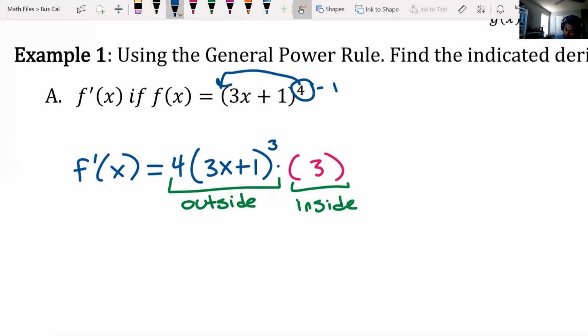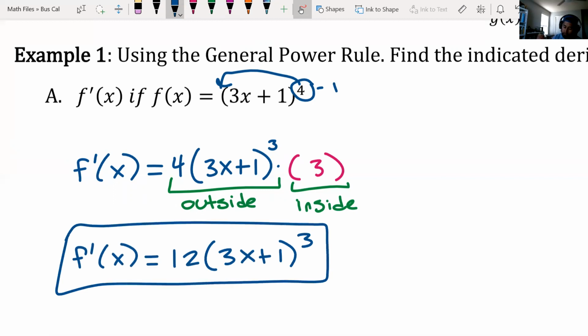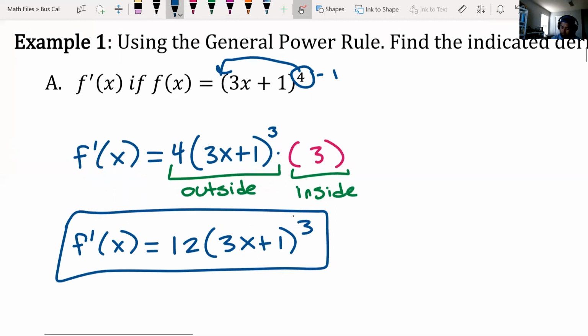So we're going to end up with f prime of x equal to 12 times 3x plus 1 cubed, and that is the chain rule derivative for the above function. All right. Any questions on that? Derivative of outside times derivative of inside. Okay, cool. Let's keep going.